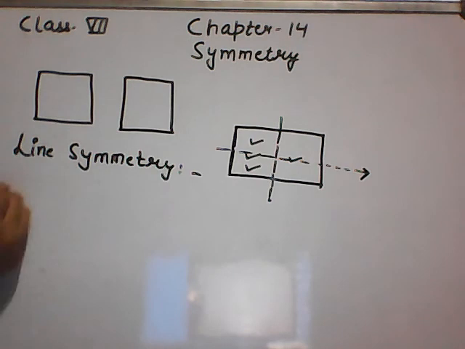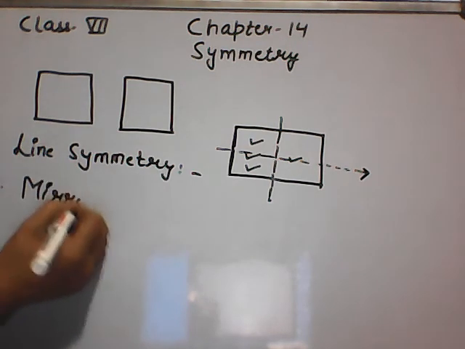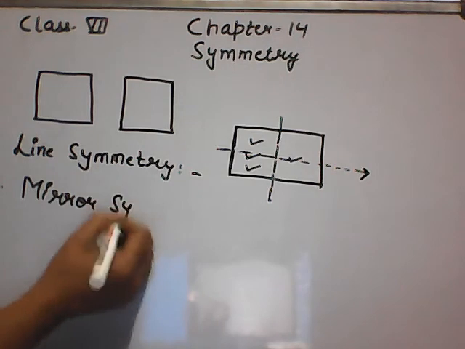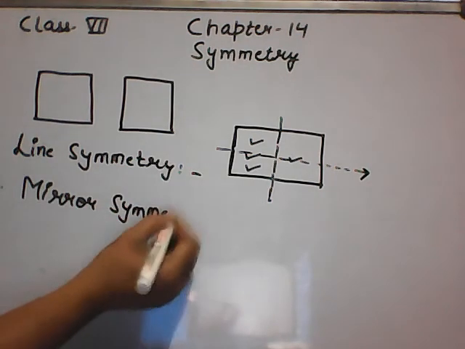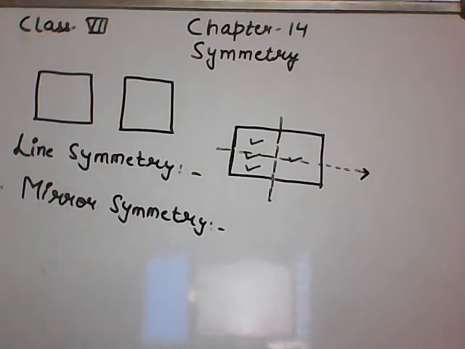Next type of symmetry is mirror symmetry. Mirror symmetry means it is just like a mirror reflection and there is a left-right change in the orientation.